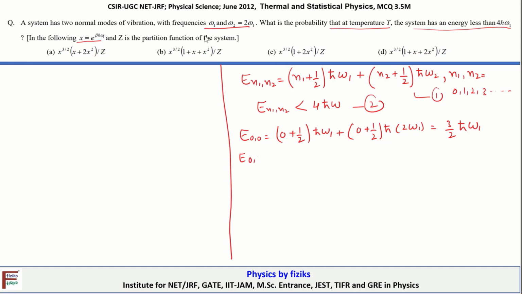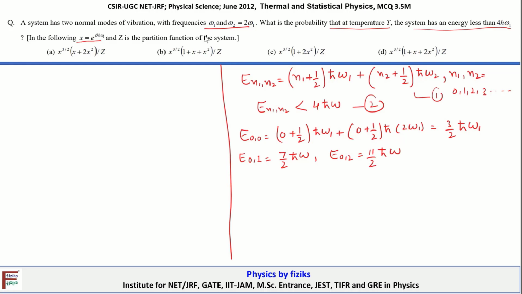For instance, E01 will come out to be equal to, you can try it yourself, and this is not very difficult, it's simple, 7 by 2 h cut omega. E02 will come out to be equal to 11 by 2 h cut omega.